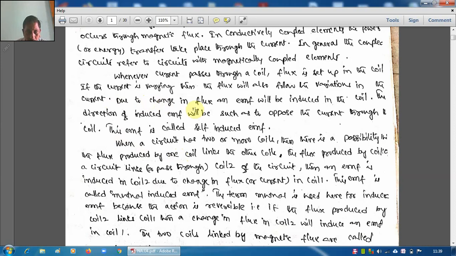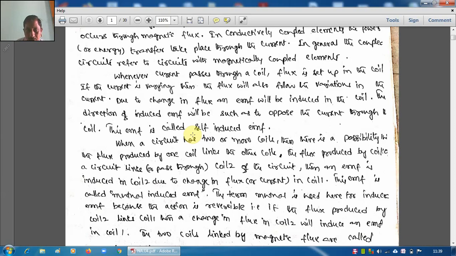By that principle, if a coil is there and alternating current is flowing in that coil, then we will have a coil and alternating flux. Alternating flux means flux changing with respect to time.